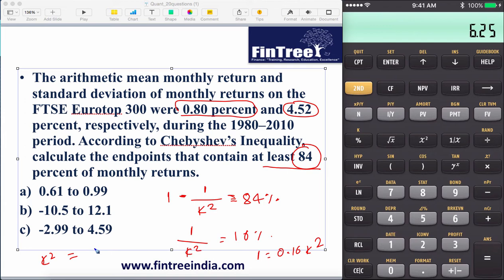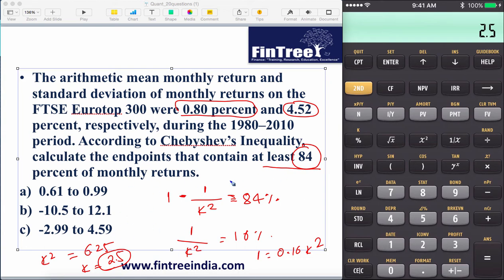So k square will come out to be 6.25, and then to find out k we will take root of 6.25. So under root of this value will give us 2.5. That means the range that we are looking at is plus or minus 2.5 standard deviations away from the mean.